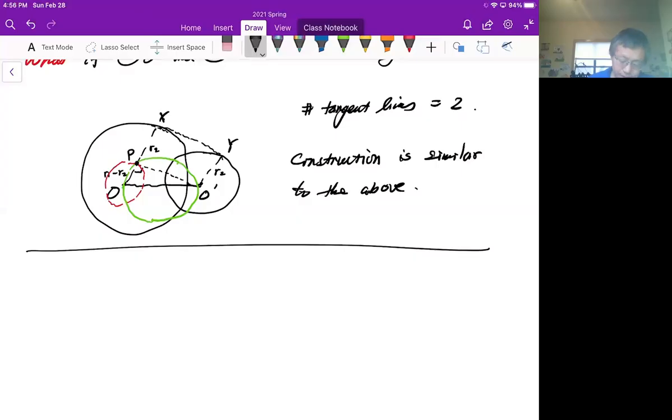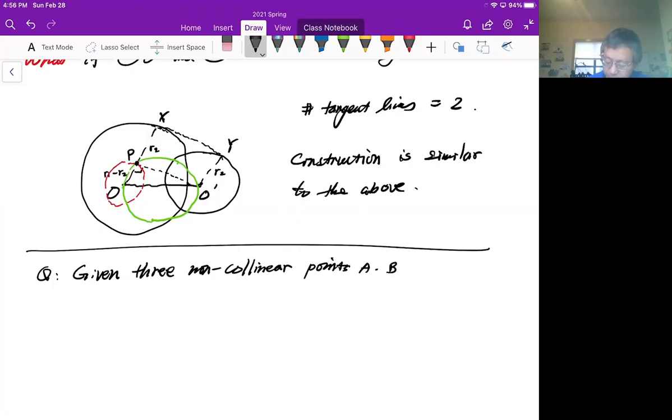Okay, here's a question. Given three known collinear points A, B, and C.